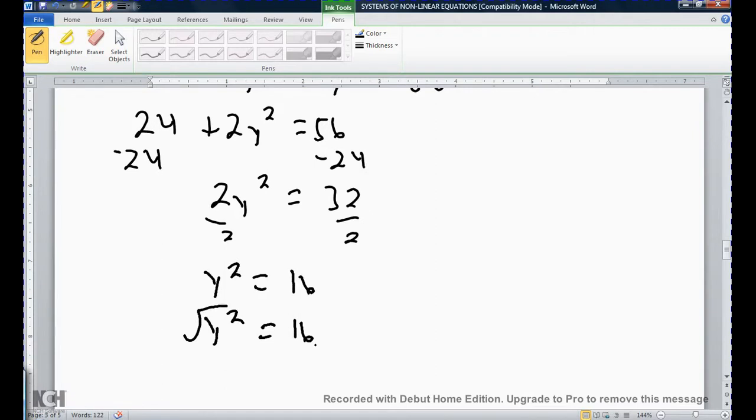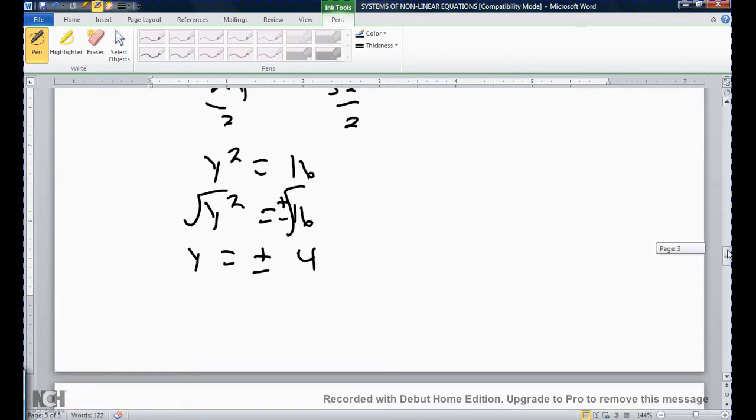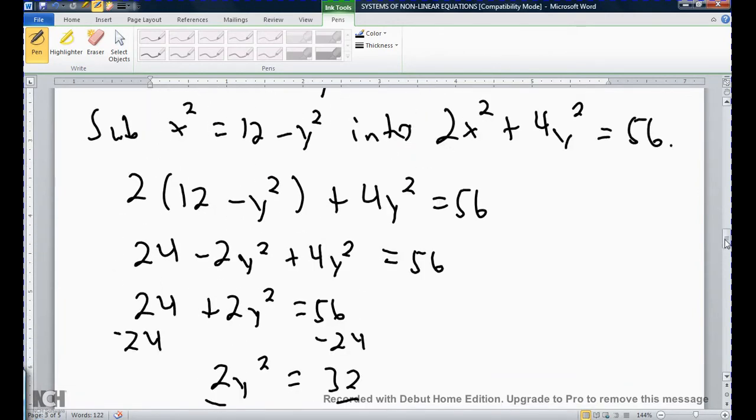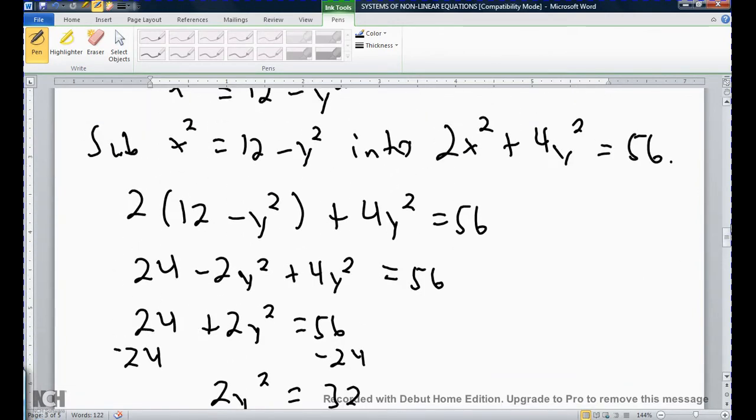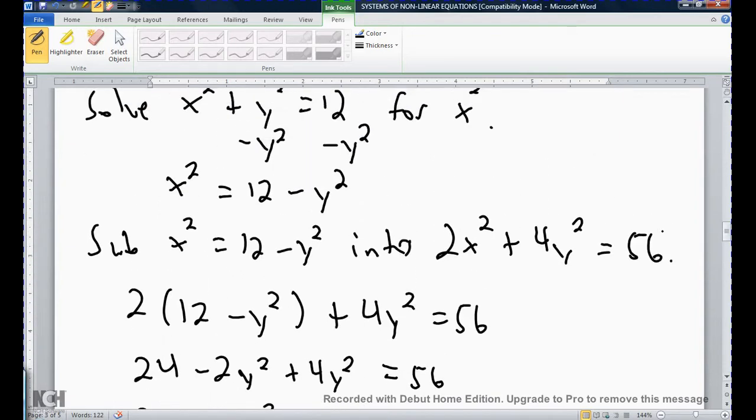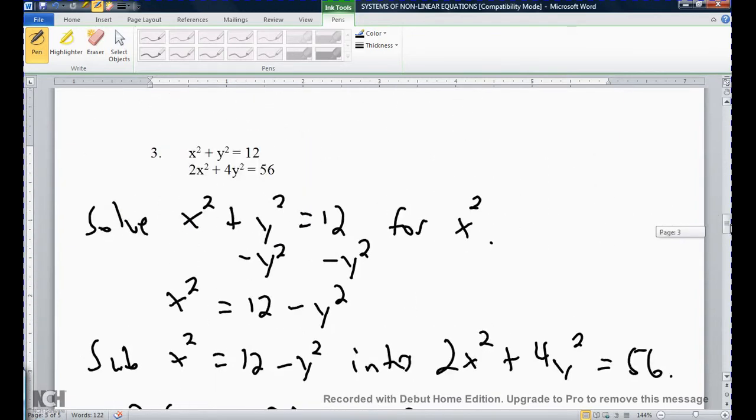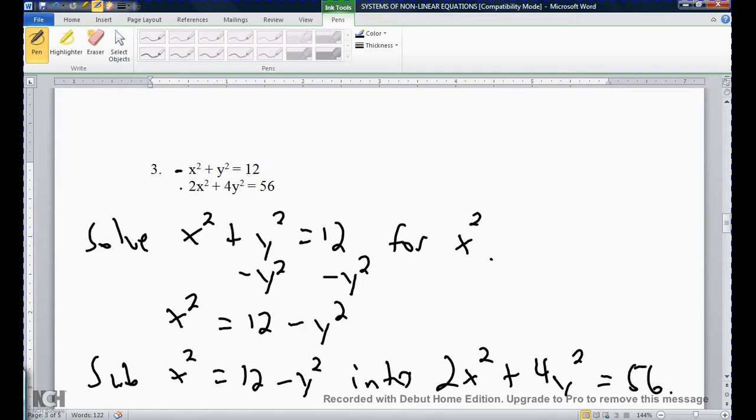And then we square root both sides. So when you do that, don't forget plus or minus. We end up with y equals plus or minus 4. So what that means is we now got to find x. And to find x, it doesn't matter which equation you use. You can use either the first one or the second one.